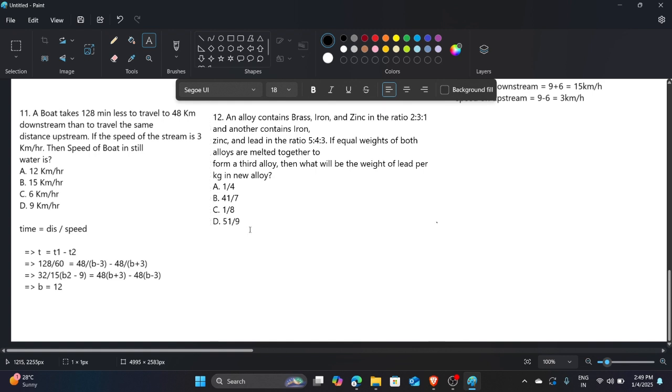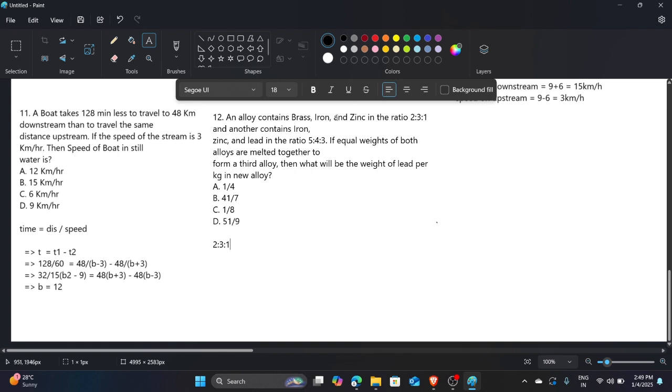An alloy containing brass, iron, and zinc in the ratio of 2:3:1, and another container contains iron, zinc, and lead.